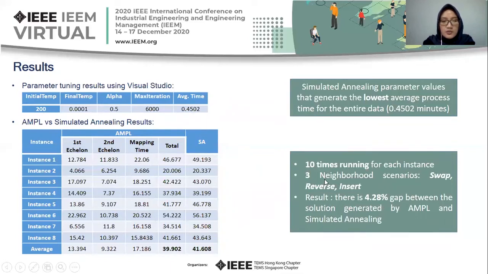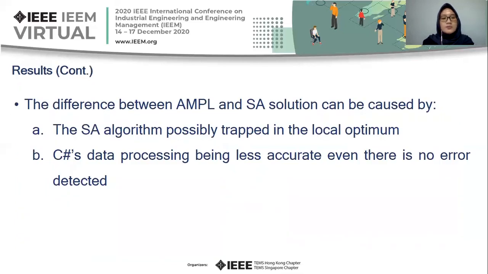We also used 3 neighborhood scenarios for simulated annealing, namely swap, reverse, and insert. The difference between the AMPL and SA solutions can be caused by, first, the SA algorithm possibly being trapped in a local optimum, and second, C# data processing being less accurate even though no error was detected.